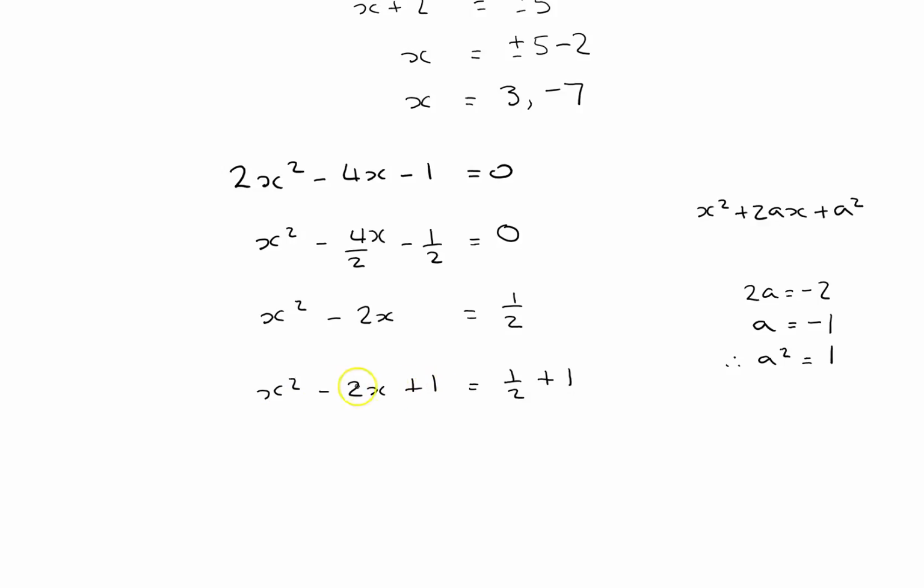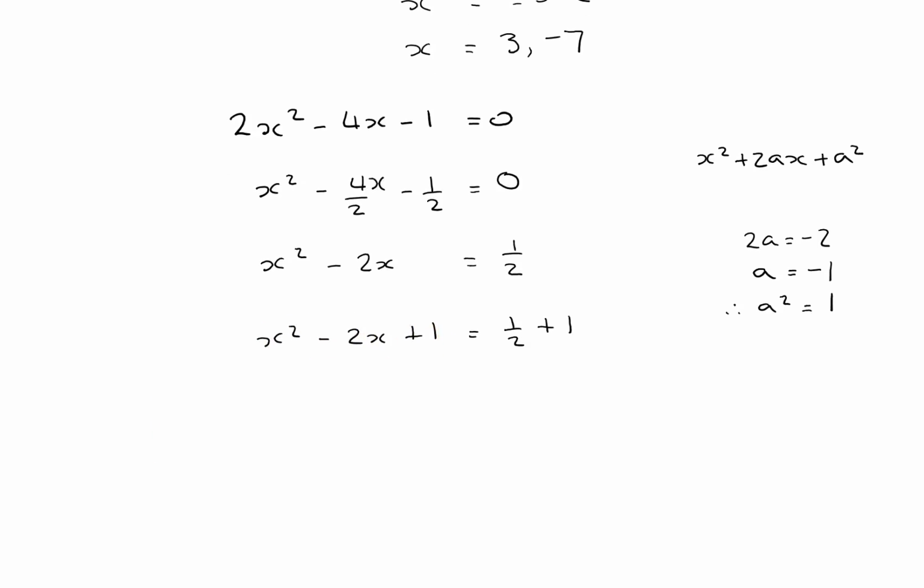Now we can represent this as our perfect square, which remember was our x plus a all squared. So we've got x minus 1, which is our a, all squared, is equal to, and a half plus 1 I'm going to write as an improper fraction as 3 over 2.